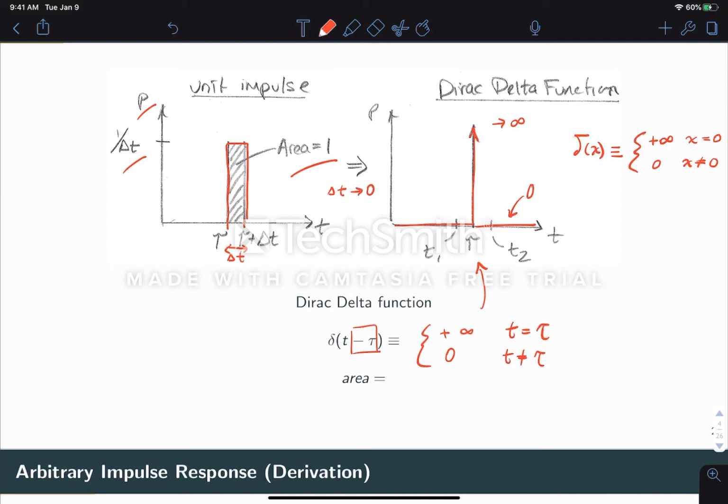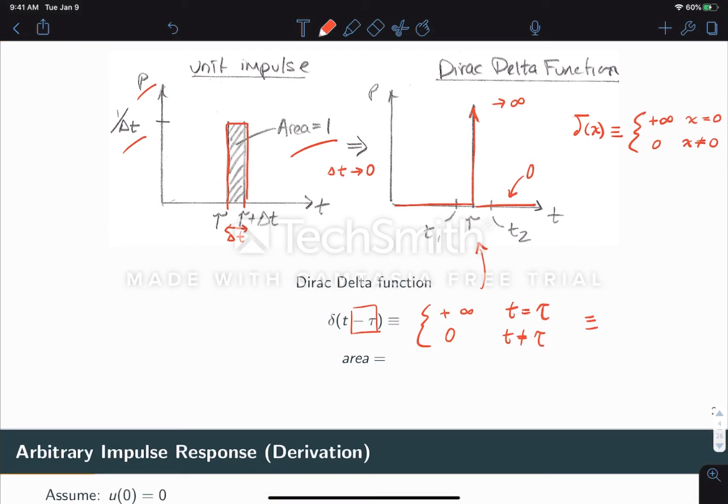Okay, again, keep in mind this is a loose definition. The strict definition is that delta is the limit of the unit impulse as delta t is approaching 0. And the only property that we really know about the Dirac delta function is that the area is in fact equal to 1.